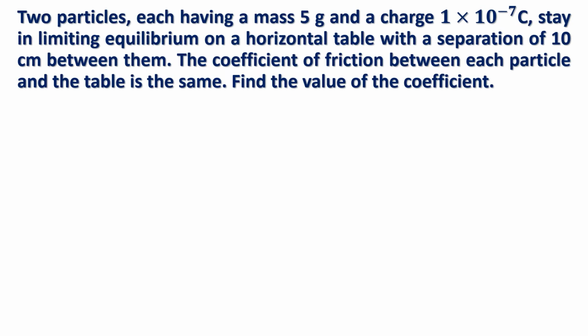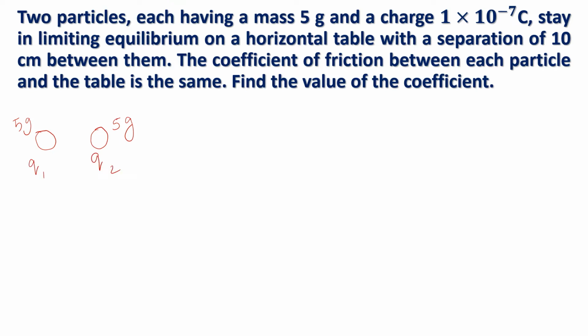In this video, we are going to discuss one important problem in electrostatics. Consider two particles like this, each particle having 5 gram mass. Each particle also has a charge, q1 and q2.